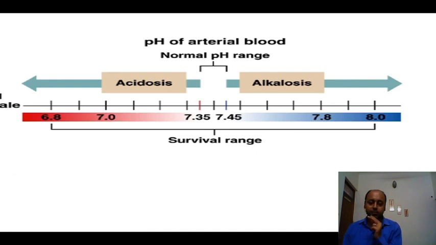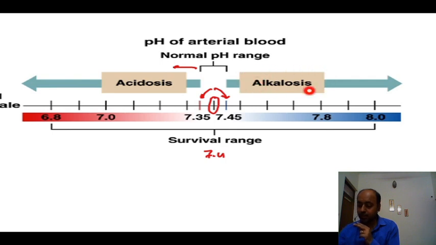So here is a diagrammatic representation to give you a pictorial memory. We said the normal value is 7.4, which is this one. Range 7.35 to 7.45, and if you go below 7.35, as you can see here, this is the acidosis. If you go beyond 7.45, this is the alkalosis.